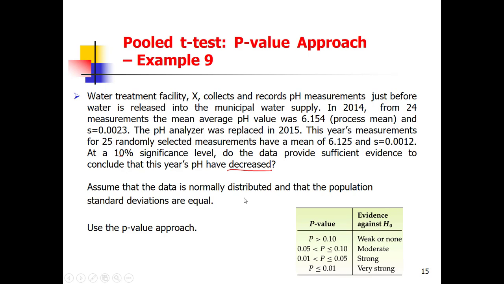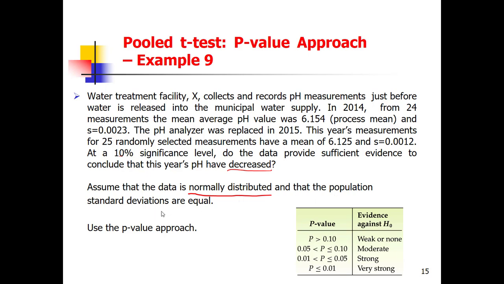This assumption is important because for all the curves that we have, the Z table, whatever table or curve, we assume that our data have a normal distribution, or the population has a normal distribution. The samples have a normal distribution. Otherwise, we cannot use these curves or tables without this assumption.